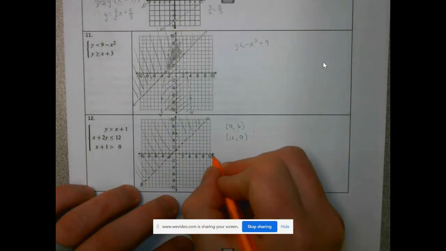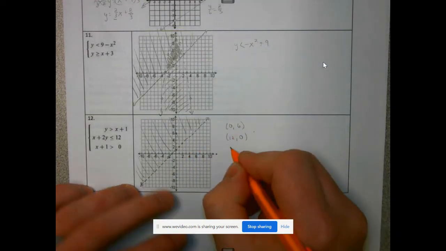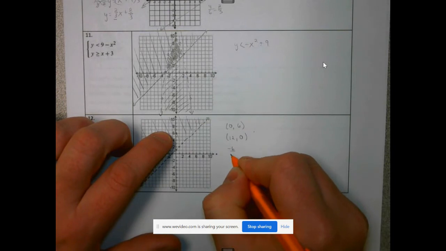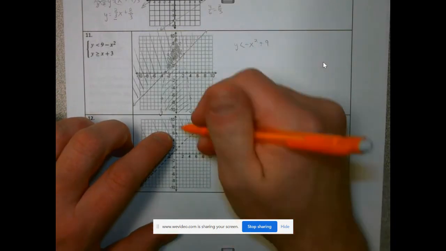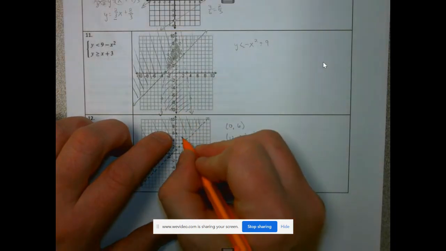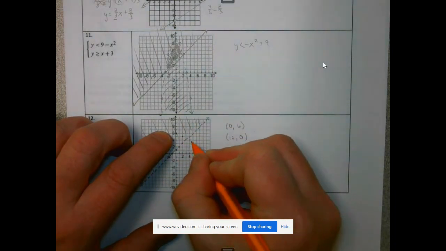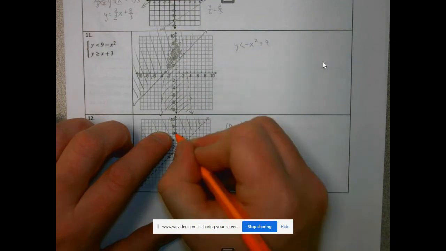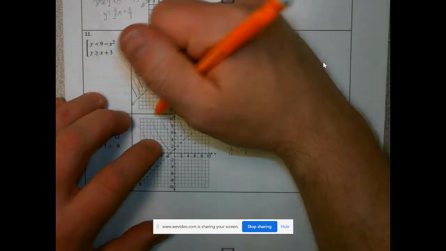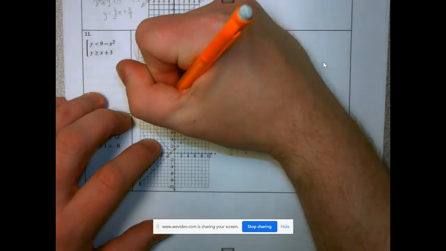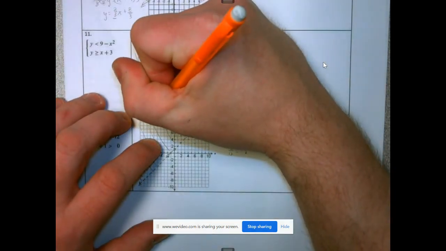And 12, 0, we'll see, it's about there. So my slope is negative 6 over 12, which is negative 1/2. So I can go down 1, right 2, down 1, right 2, down 1, right 2, or up 1, left 2. Just making sure that that line is falling.